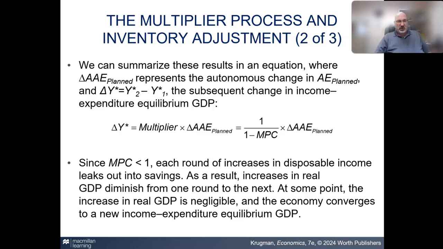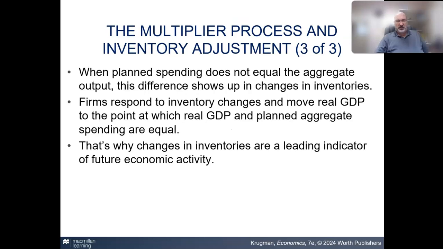The MPC is less than 1, so each round of increases in disposable income leaks out into savings. And so increases in real GDP diminish from one round to the next. Eventually the increase in real GDP is negligible, and the economy converges to a new income-expenditure equilibrium GDP.